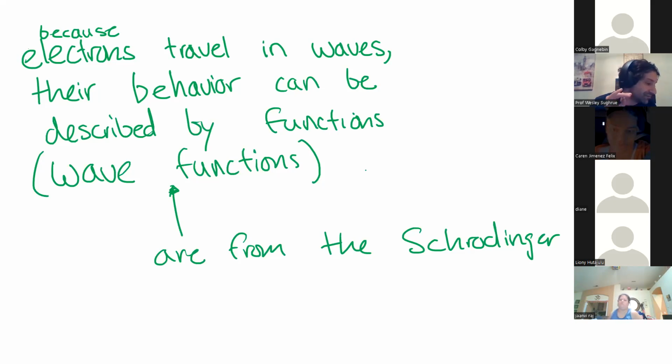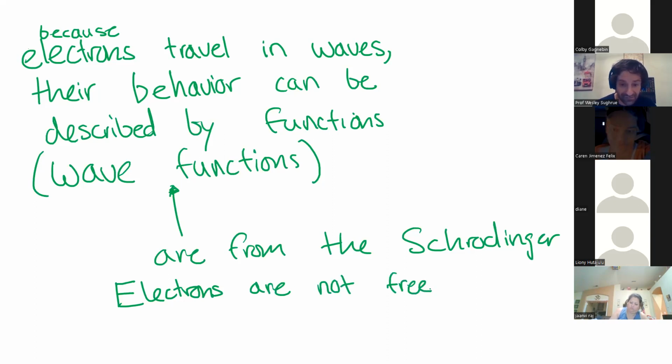So the Schrodinger equations are what give rise to these wave functions. This also means that electrons are not free to move entirely randomly, because they can be predicted by these wave functions.